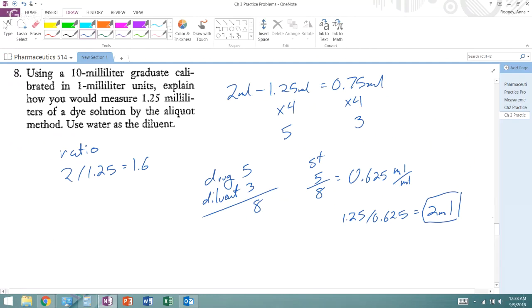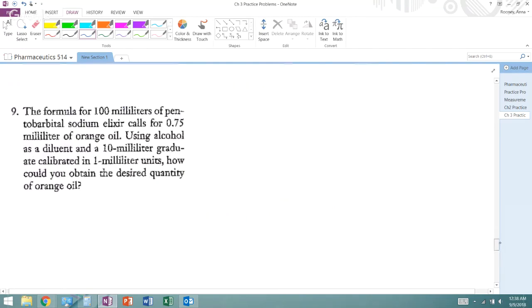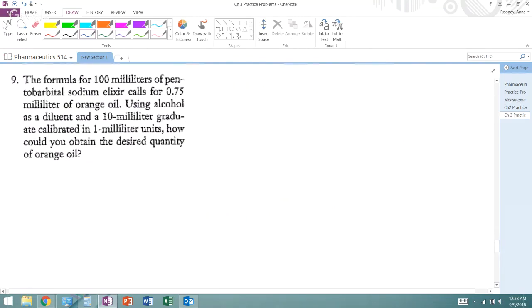So then, for the next one, okay, so we're doing the same kind of thing. So we do 2 milliliters minus 0.75, that equals 1.25 milliliters, and then our minimum ratio is, what is our minimum ratio?